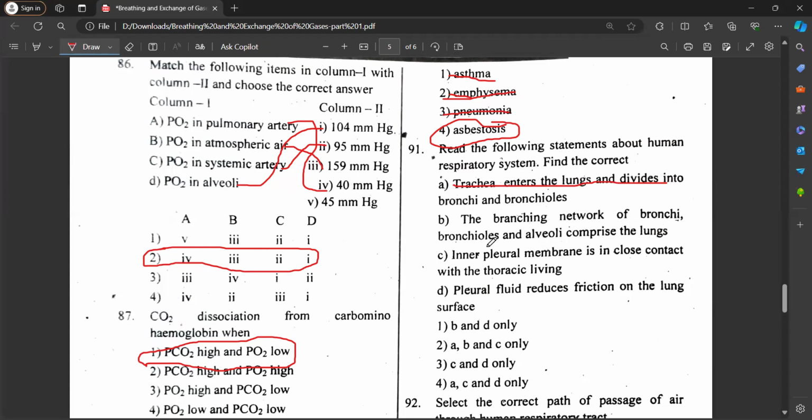Yes, that is correct. The inner pleural membrane is in close contact with the thoracic lining? No, it is in contact with the lung surface, so this is also wrong. Pleural fluid reduces the friction on the lung surface. Yes, it is also a correct statement. So B and D are correct, so the first option is going to be the best one.